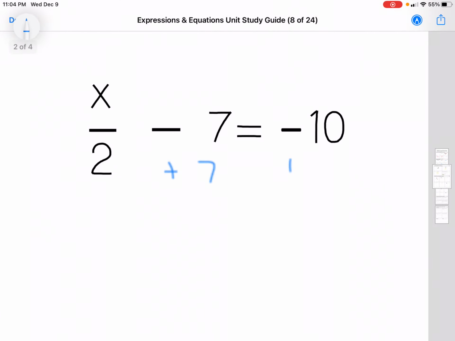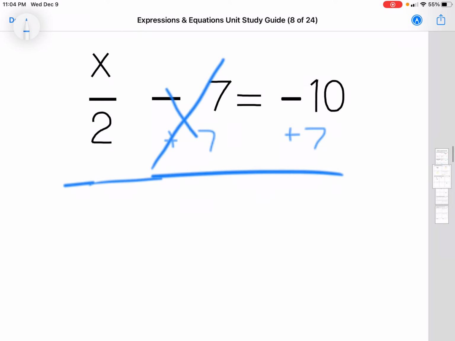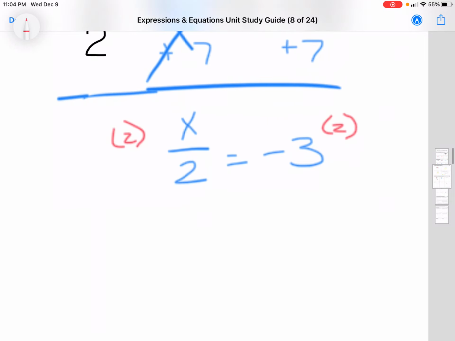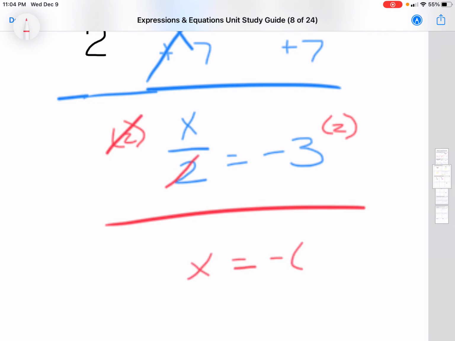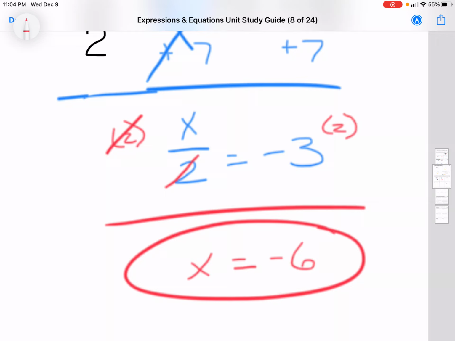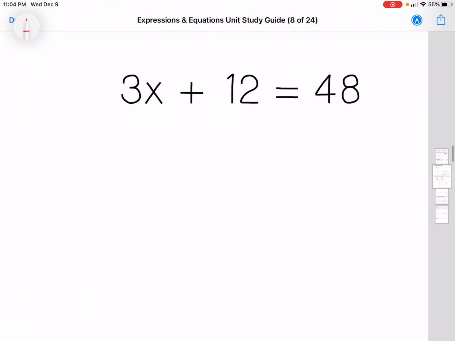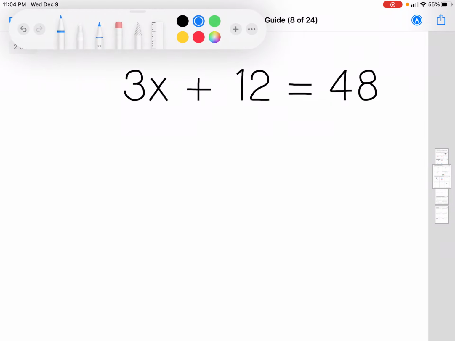Add 7. Still left with x over 2 minus 3. x divided by 2, the opposite is multiplication. Those go away. I'm left with x equals negative 6. All right, number 19. Subtract 12.